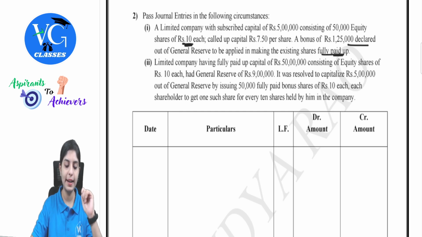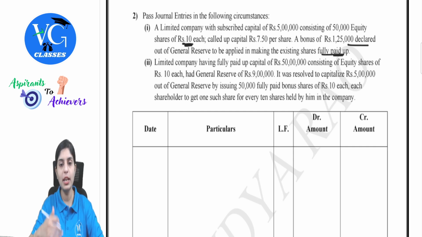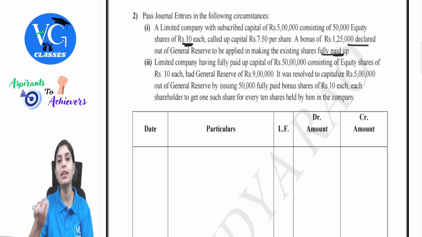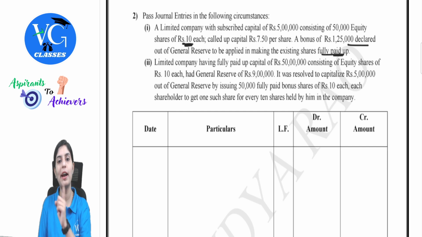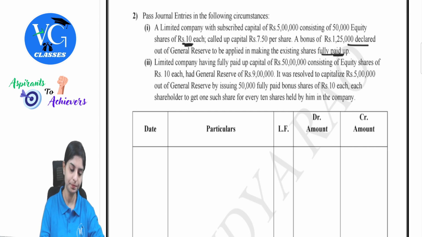So what is the entry? First, a bonus of 1,25,000 is declared out of general reserve. That means they can only utilize general reserve balance, that is any free reserve balance, in making the existing shares fully paid up. They are not mentioning what the general reserve balance is, only one amount, so that is taken directly to general reserve. So what will be the first entry? First, taking out the reserve balance, then making the call due, and then issue of shares.